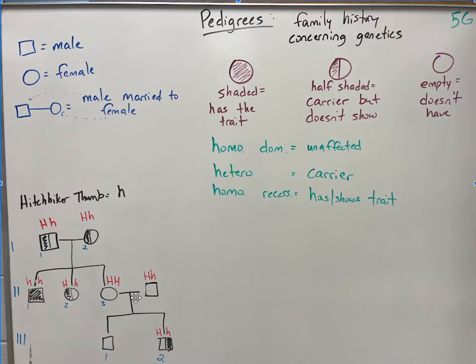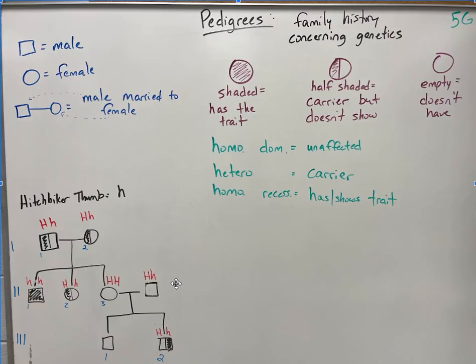But there are some situations where we'll practice these on the practice sheet, but you may have to figure out whether it is homozygous dominant or heterozygous. And to do so, it helps to know what the other one is. If this one was unshaded and we're not sure about this one, we can deduce what this one is based on what the offspring are.